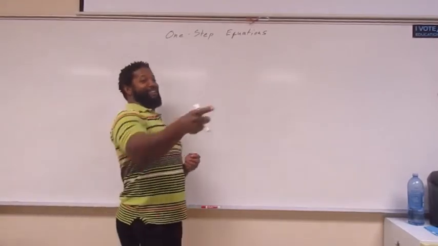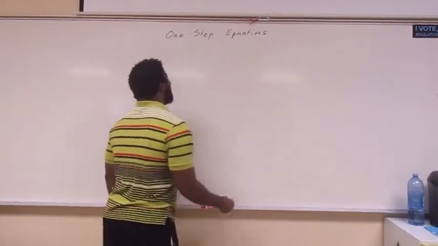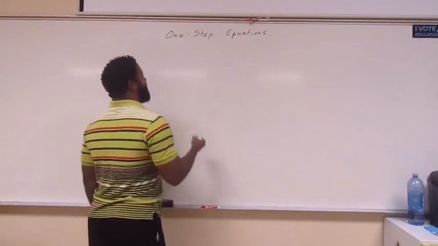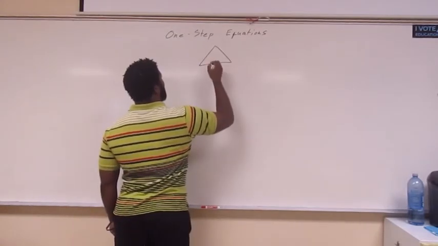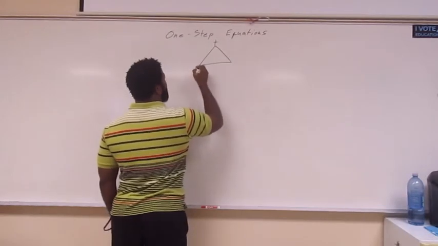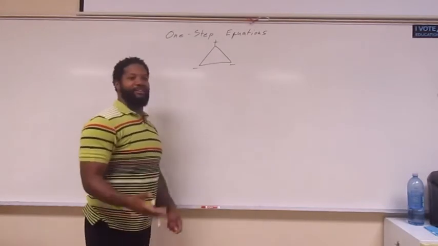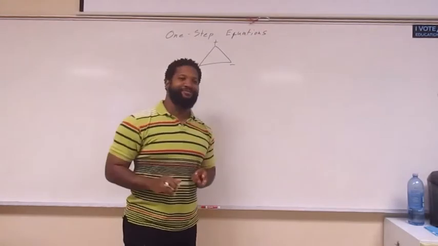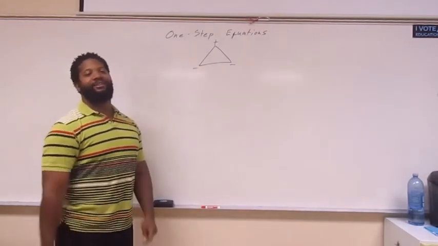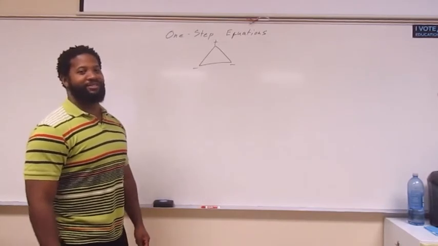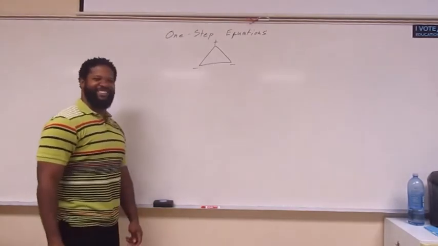Okay, so remember your little triangle. Okay? You got the plus up there, you got the minuses right there. Whichever ones you're using, then whichever one is left. Yes, yes, yes. Good job.